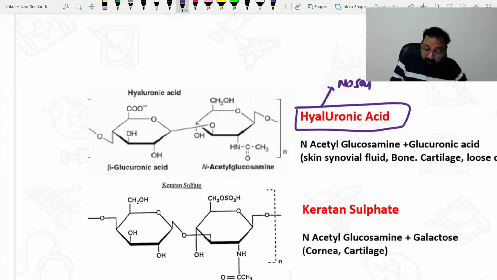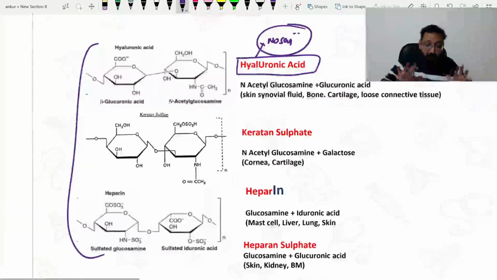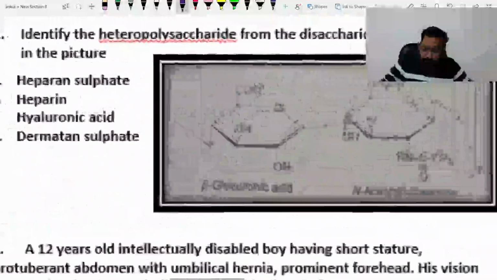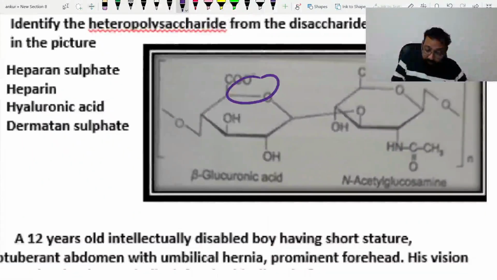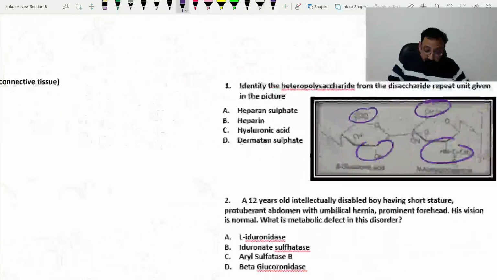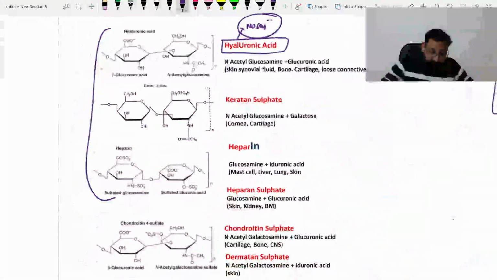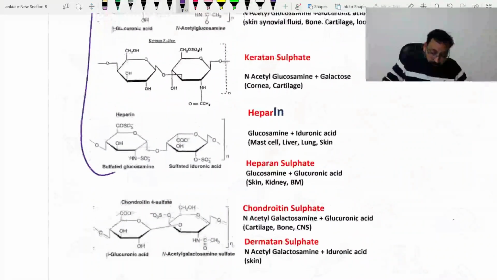No sulfate. If a question is asked and they give you a structure and you find no sulfate in this structure, then the answer is hyaluronic acid. So if they give the structure, you will search for sulfate.